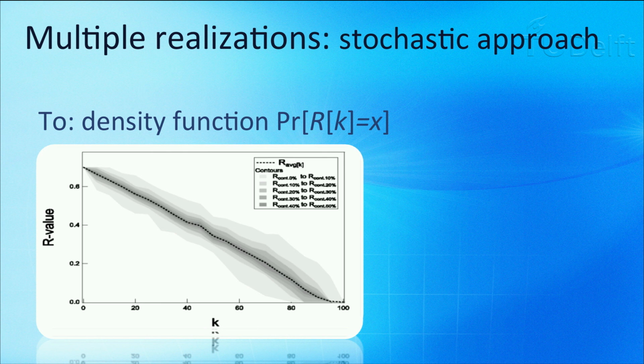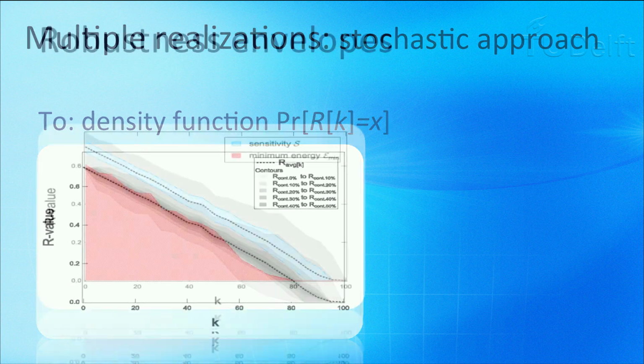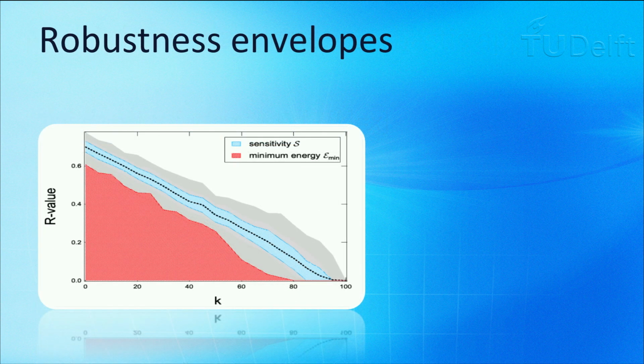So the blacker the region in the contour plot, the more realizations return this R value. The outer boundaries of the envelopes are the contours of maximum robustness and minimum robustness over all possible attacks or network challenges.